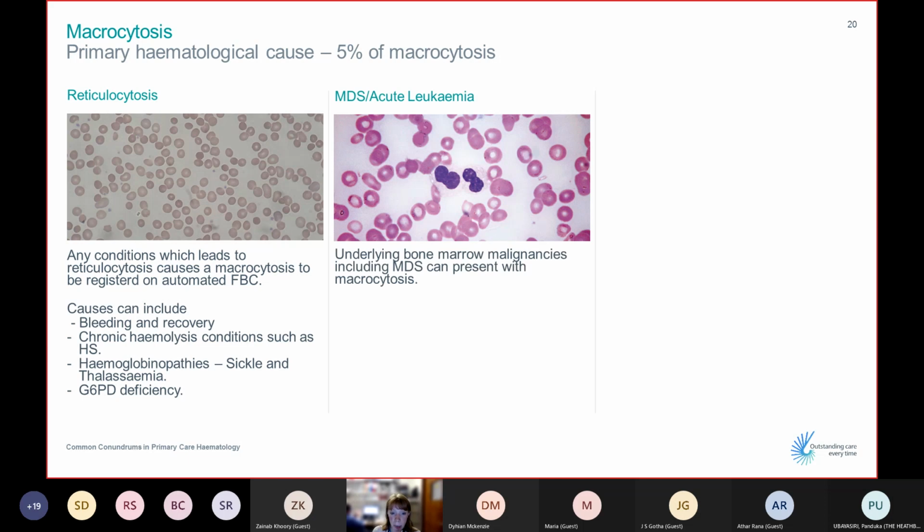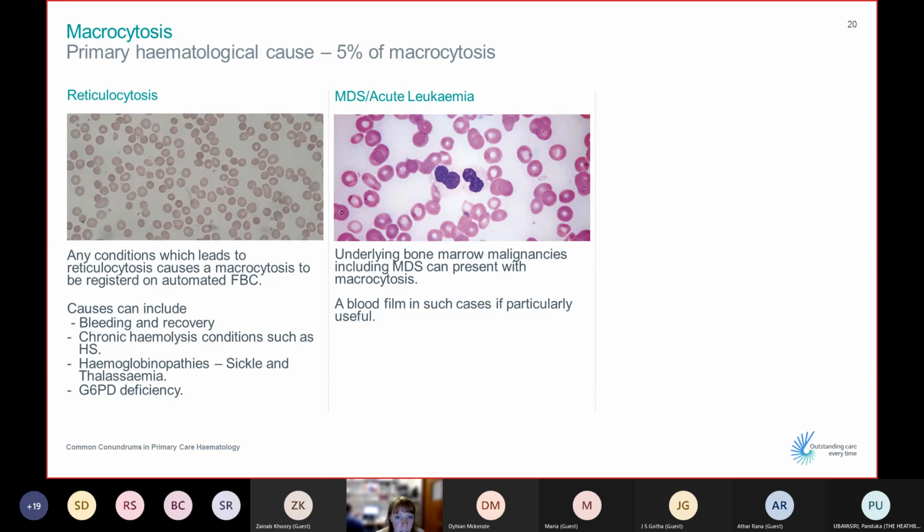I think the thing that we always have in the back of our minds and that worries us is, could this be a presentation of MDS or an acute leukemia? The thing that's very helpful here can be a blood film. So in this photo, we have a macrocytic blood film, but we can see two neutrophils in the centre. Now these are hypogranular and hypolobated and appear quite dysplastic.